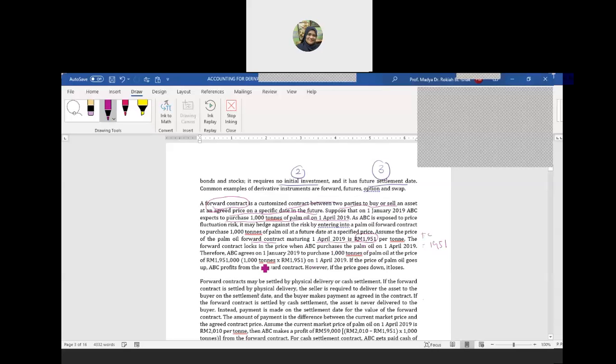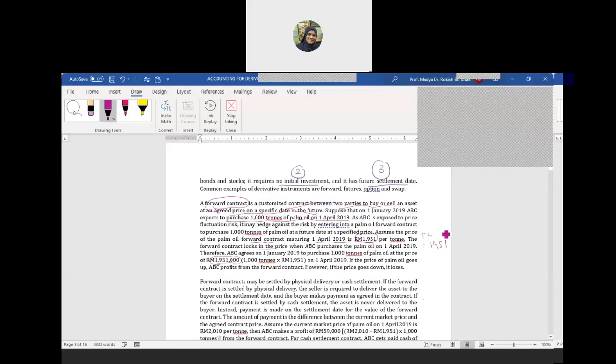The forward contract locks in the price at 1951 when ABC purchases the palm oil on 1st of April 2019. Therefore, ABC agrees on 1st of January 2019 to purchase 1,000 tons of palm oil at the price of 1951 per ton.